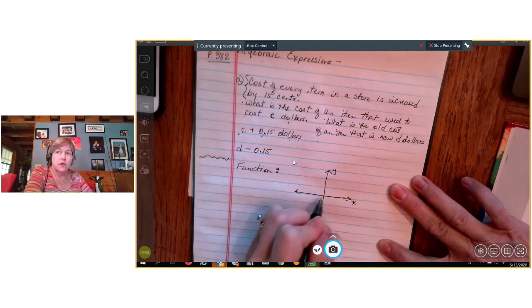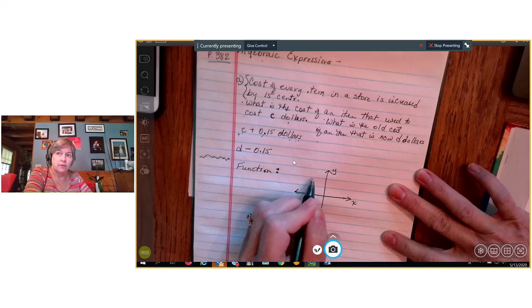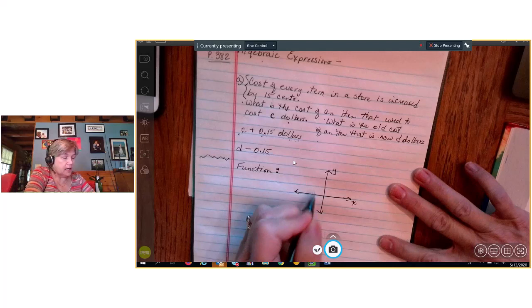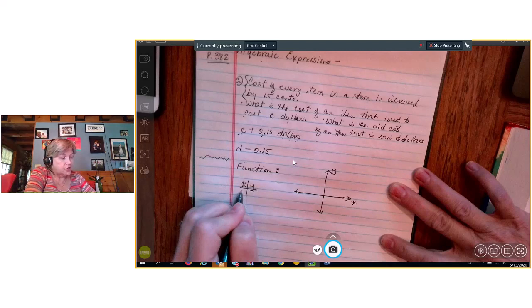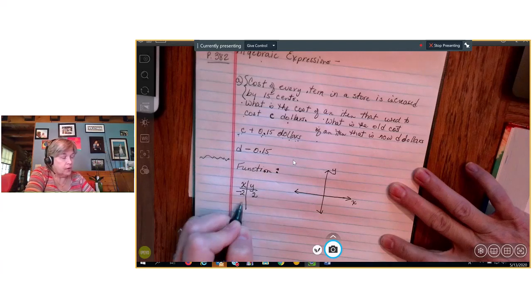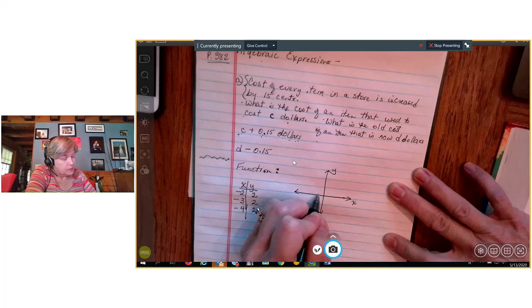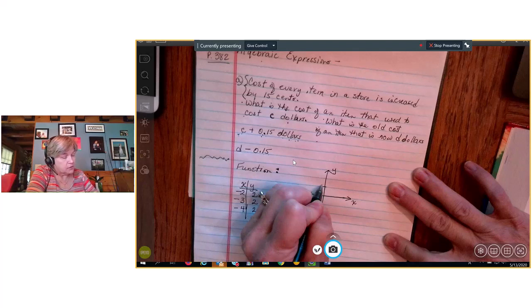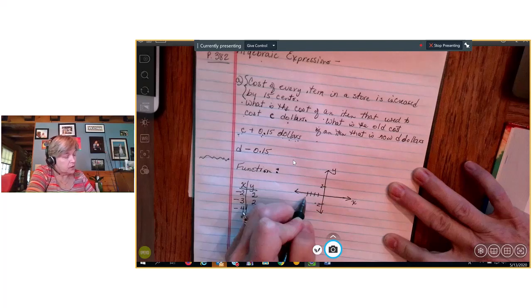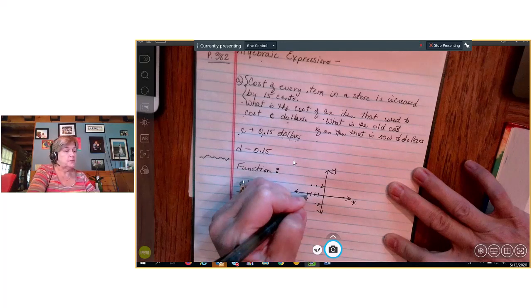A function states that for every x value there's only one y value. So if I wanted you to plot the points (-2, 2), (-3, 2), (-4, 2), and so on, we've got -2, 2, -3, 2, -4, 2.